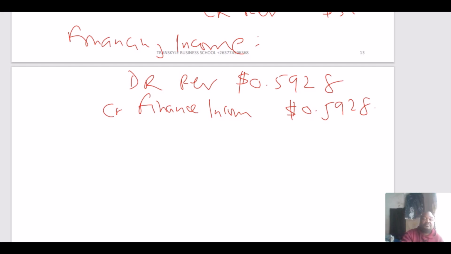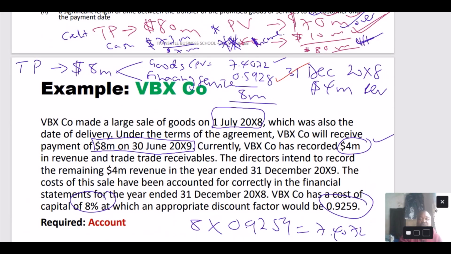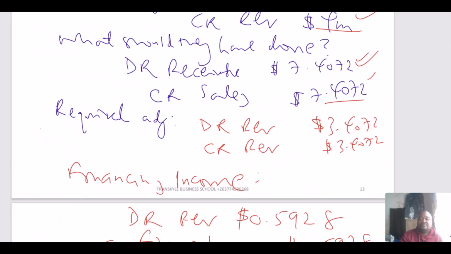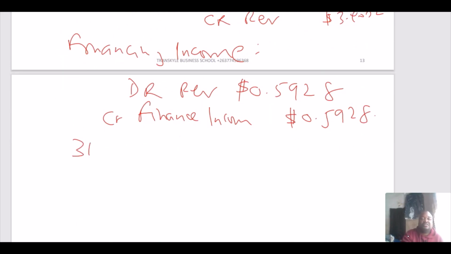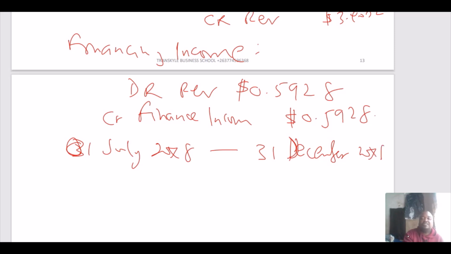All right. Now, how do we prorate? Remember, the date of the transaction was 1 July 20x8, and the year end is 31 December 20x8.